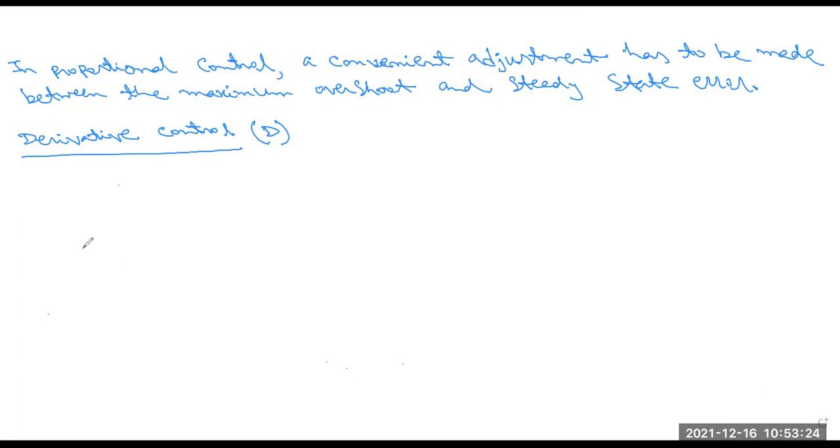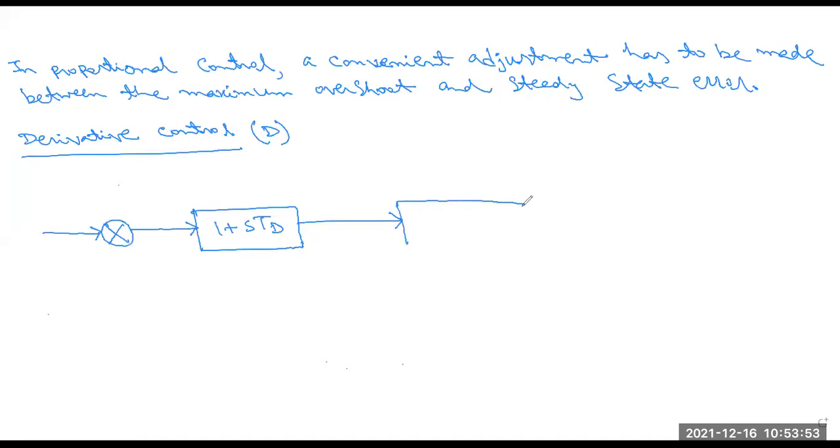First the input comes to the summing point. This is the first block, 1 plus S into TD. This is another block, the process or plant, a second order system.